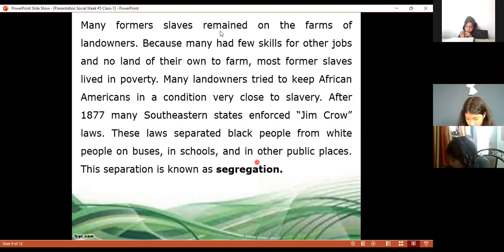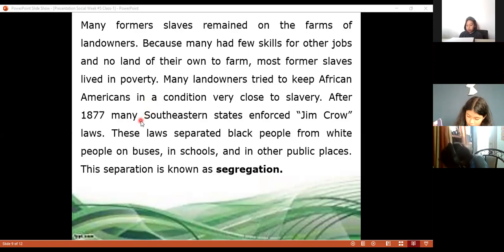Many former slaves remained on the farms of landowners, because many had skills for other jobs and no land of their own to farm. Most former slaves were living in poverty. Many landlords tried to keep African Americans in a condition very close to slavery.